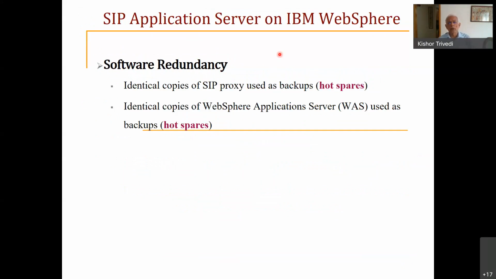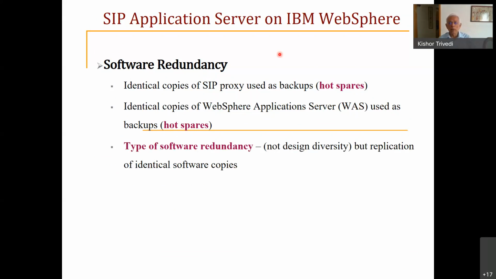Identical copies of the FCR application server are used to back each other up. So the type of redundancy used for software is not design diversity, which is what the entire literature on software tells you, but replication of identical copies, much like we do in hardware. So software is beginning to look more and more like hardware.